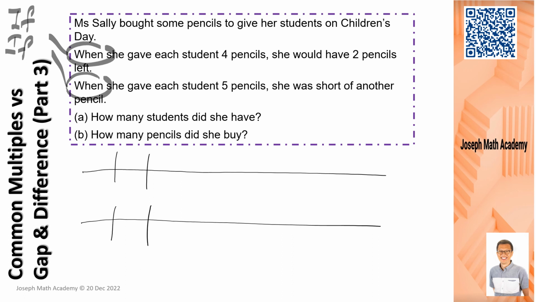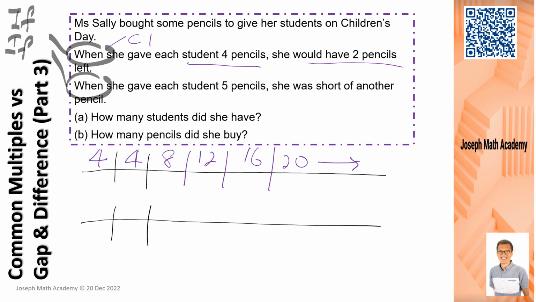First and foremost, the first info, which is the first when, I call case 1. For case 1, when Miss Sally gave each student 4 pencils, she would have 2 pencils left. So multiples of 4: 4, 8, 12, 16, 20, and so on. She would have 2 pencils left means excess of 2 pencils.